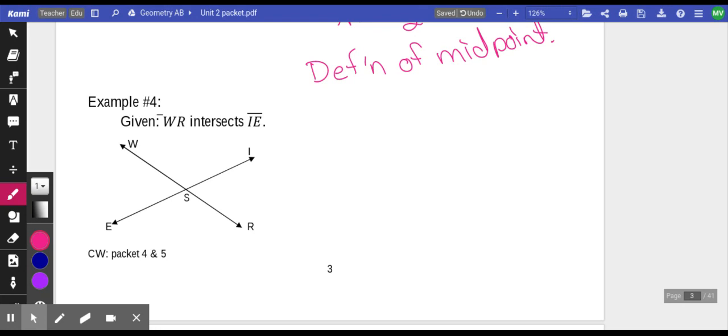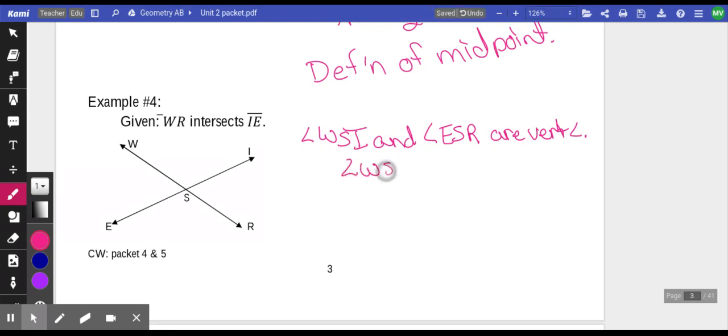But if we look at the diagram, that does show us that angle WSI and angle ESR are vertical angles, which would mean that angle WSI is congruent to angle ESR because vertical angles are congruent.